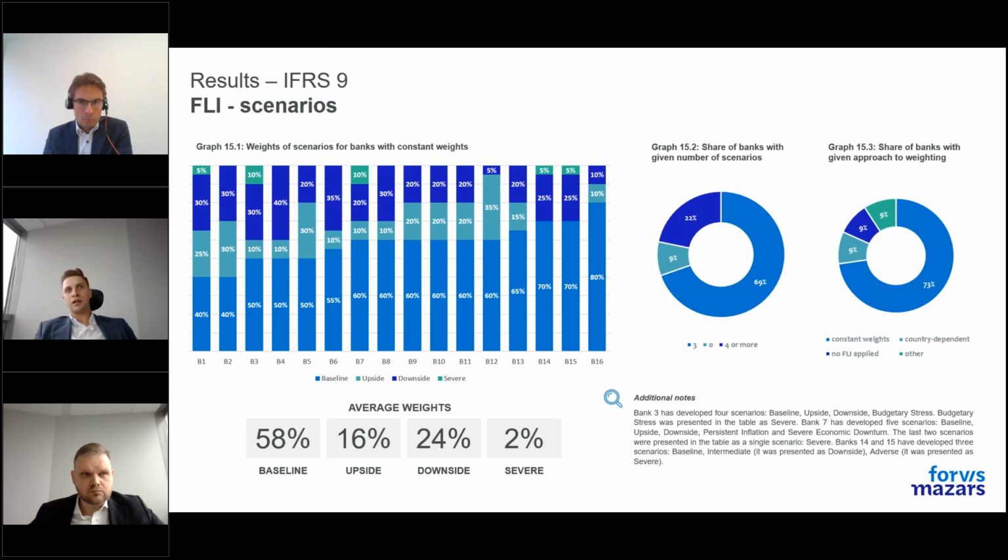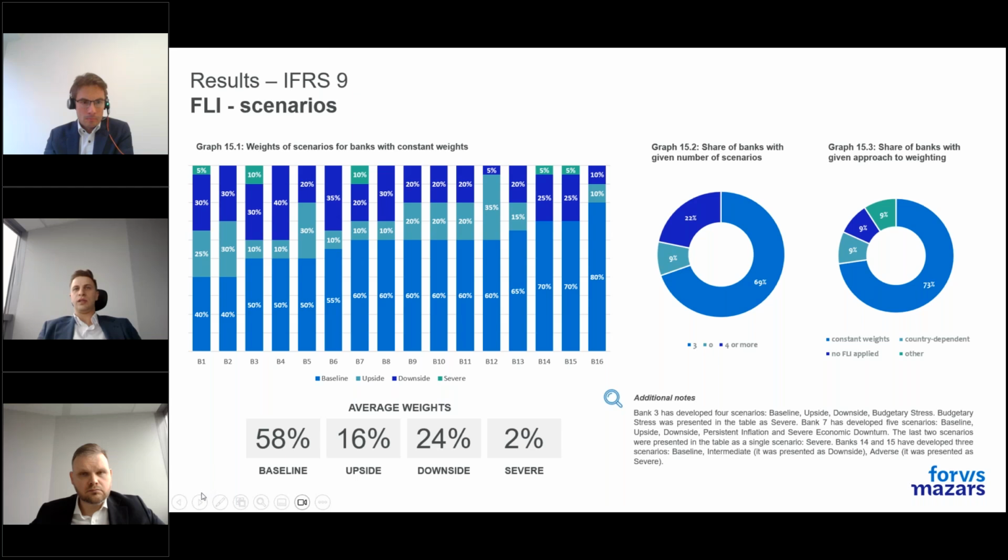And there are a few banks also which include a fourth severe, like extreme scenario. It's like a stressed scenario, assuming very bad market conditions. But this was included only by 5 banks from our sample and with low weights.